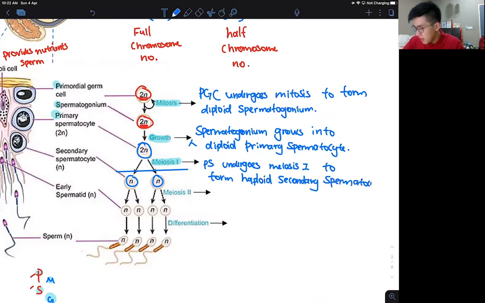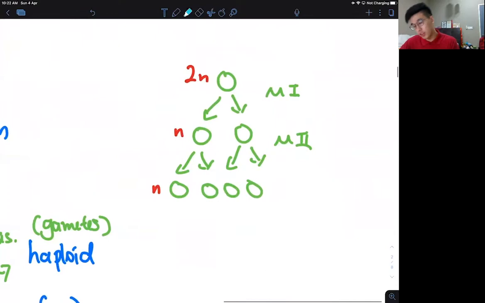Basically everything after the secondary spermatocyte is all haploid, as you can see, N. Now I undergo meiosis 2. So the next process now is meiosis 2. You can see one cell becomes 2, 2 become 4, just like what I drew for you over here.